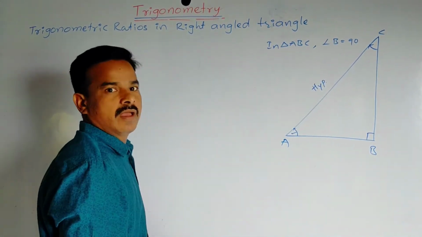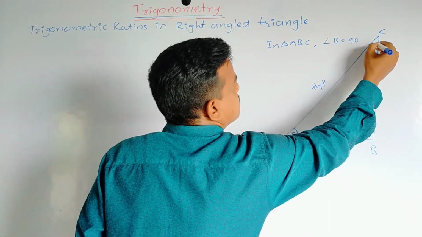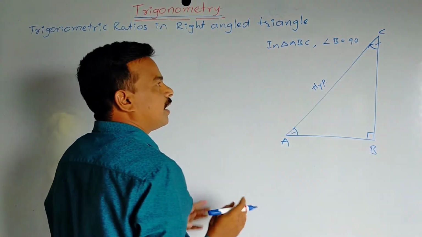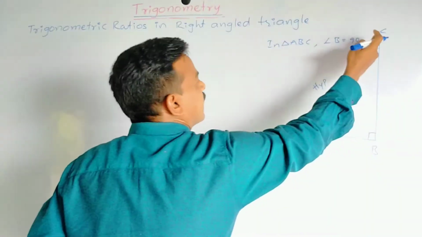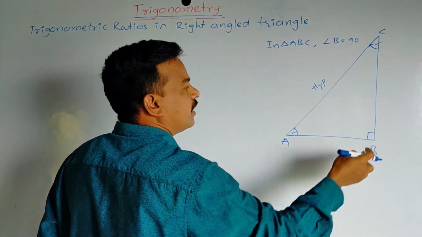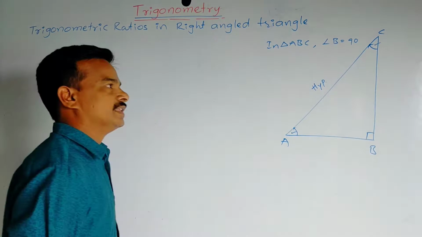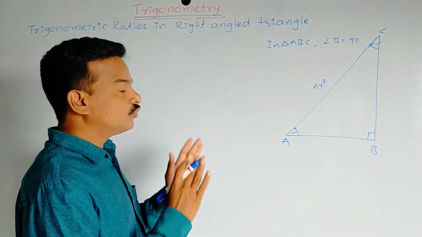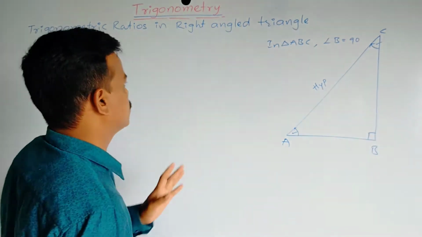It is the same, but the opposite side of angle C is AB and the adjacent side is BC. These things we have to know first to find the trigonometric ratios.